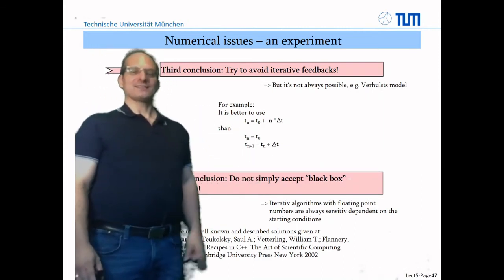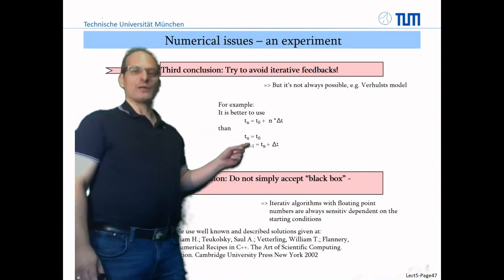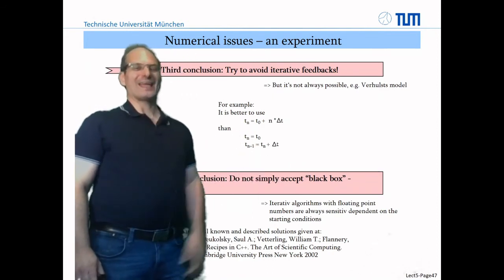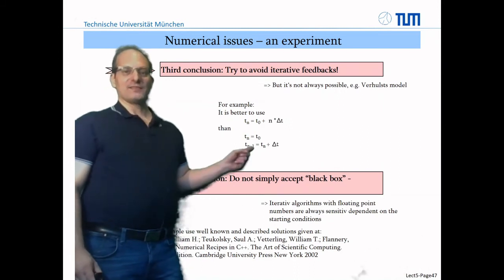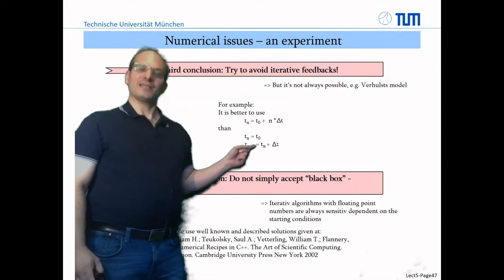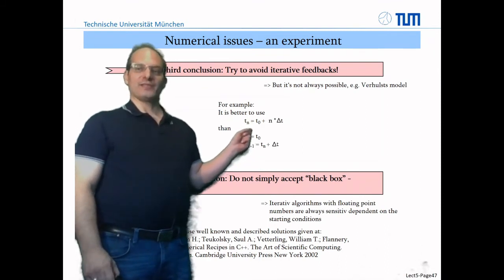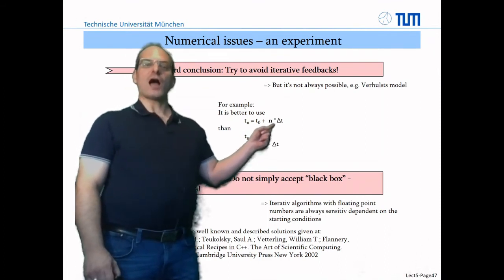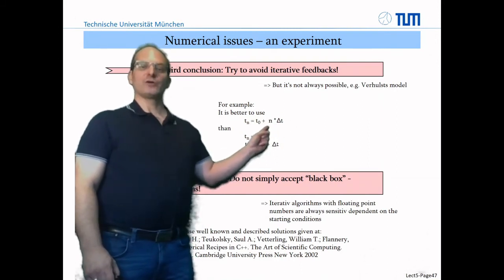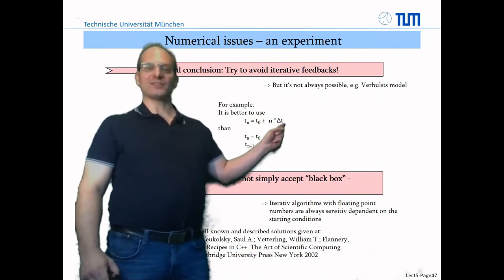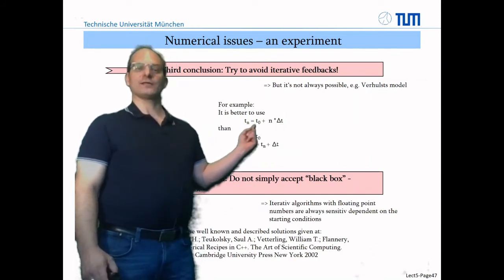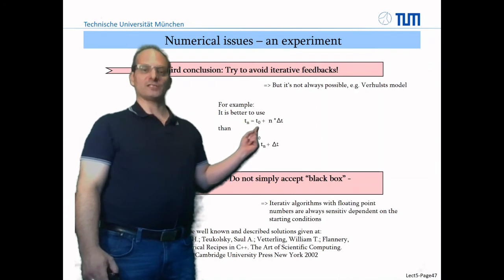After 5-6 hours, we were completely off target, because with this we have an iterative feedback, and this iterative feedback does exactly the same as what you saw before. So we lose information, and therefore we get wrong results. In this case, it's quite simple to convert it to a non-iterative process. You know how many iterations are already over, so you can calculate n times the delta t, and then you always add it to the original starting time.